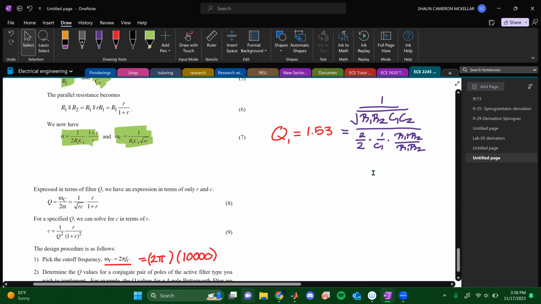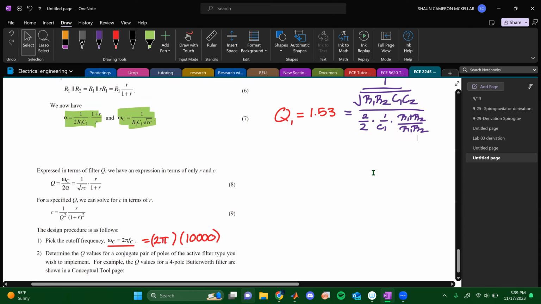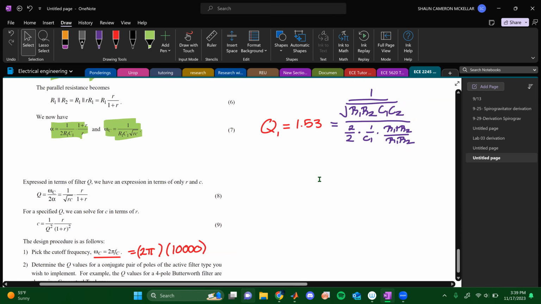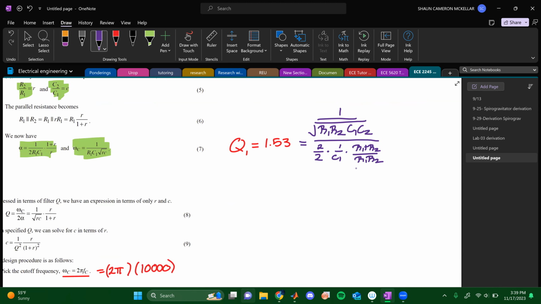I guess the concept of using the ratios is just to show you that it's a little complicated, but as it turns out, there's an infinite number of C1 and R1 values that would satisfy this equation. So we just need to pick one. For example, let's say that R2 equals R1. We'll say that this condition is met, or the ratio equals 1.